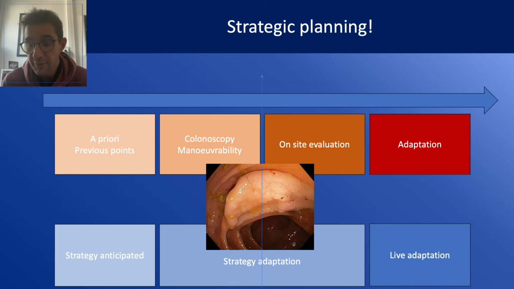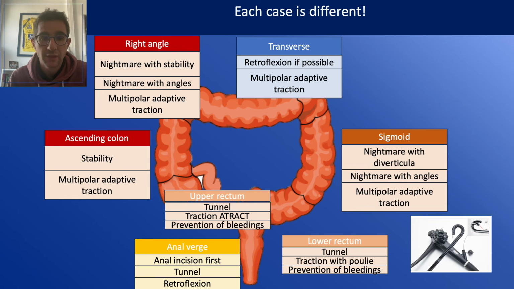And after, most important probably, is adaptation. Because in fact, it will be very difficult to anticipate every part of the procedure. You will have a planning, but every time you will have to adjust your planning to the answer of the tissue, the bleeding, the gravity change during the procedure.